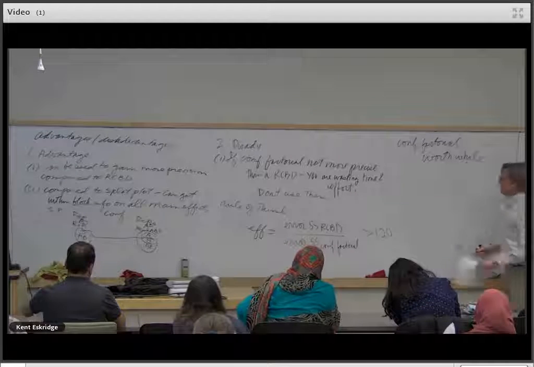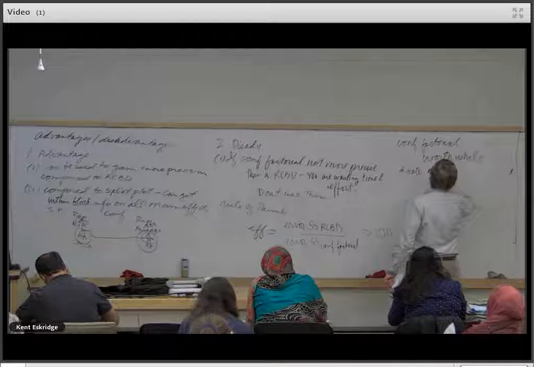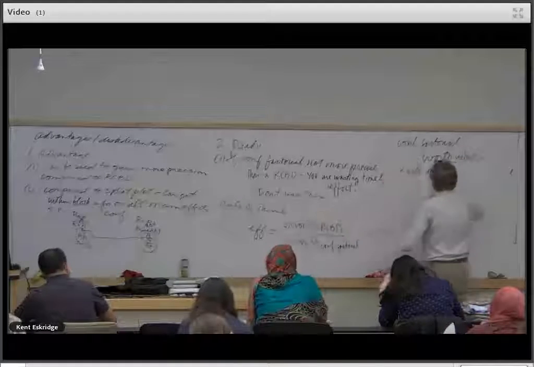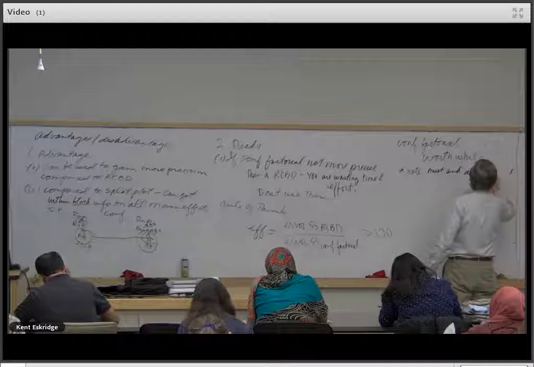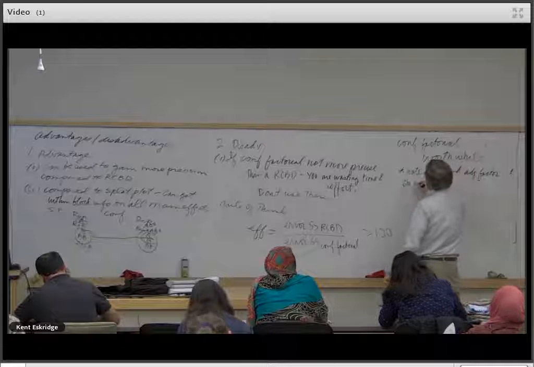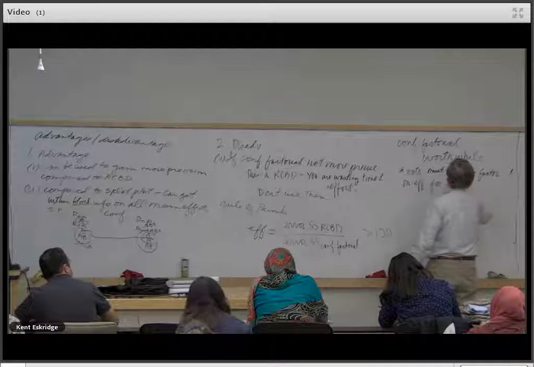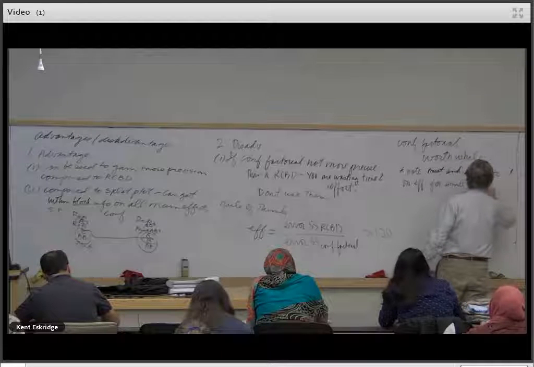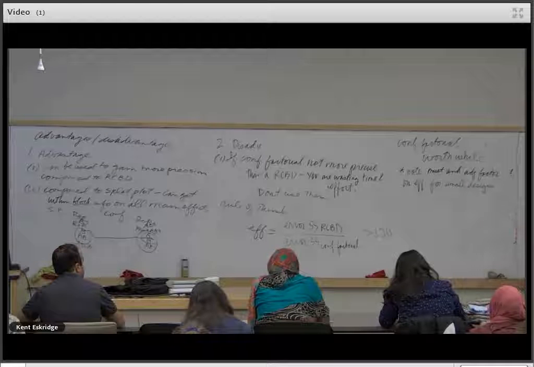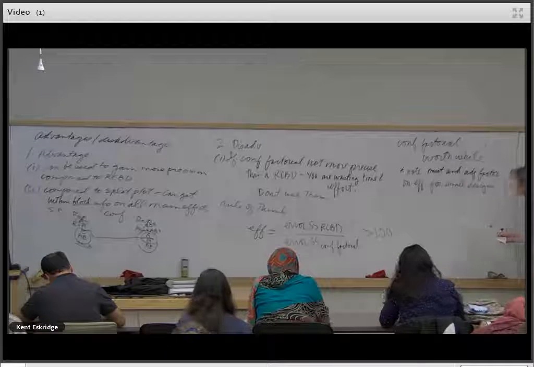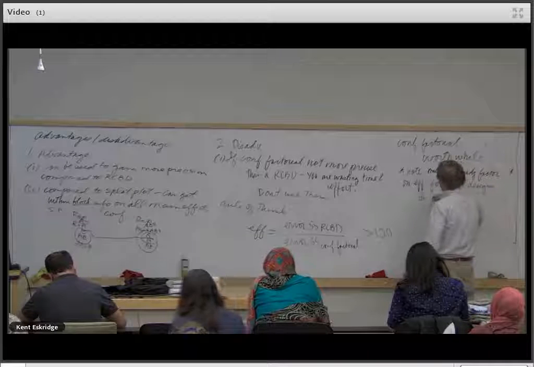Now, there is an adjustment factor. I'll give this to you. You must use an adjustment factor on EFF for small designs. And what do I mean by that? The degrees of freedom for these two things, say, are less than 10.